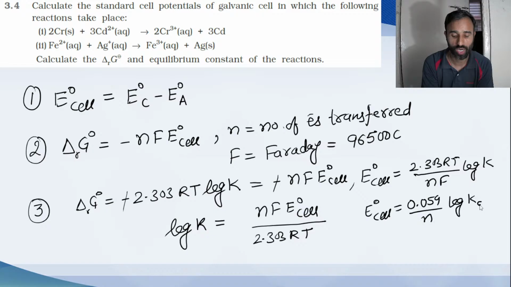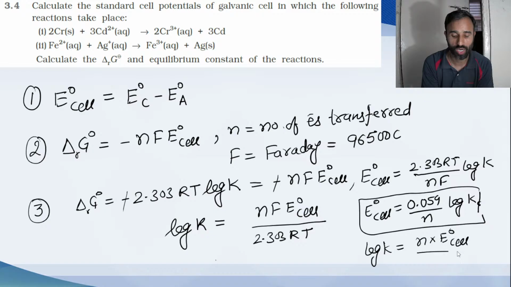Or we can write log K equal to n E naught cell over 0.059.